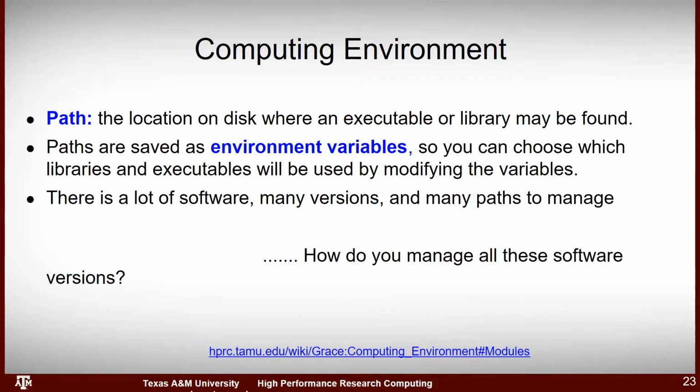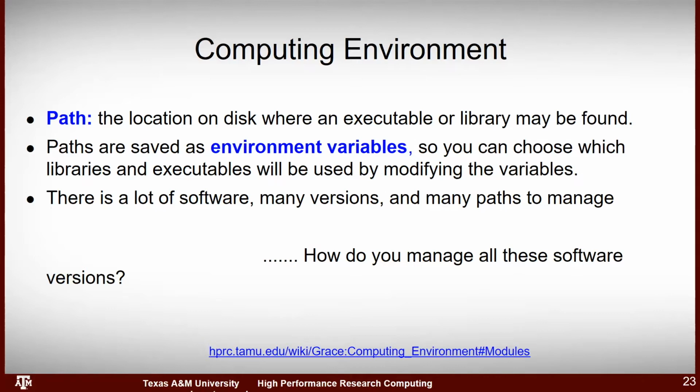But we can't put everything in the default location because we may have a lot of different software that doesn't interface with each other. So you have to know which one you're using. And if we put them all in the same directory, you won't know which one you're using. So we have to be able to change the path variable to reflect the actual location on disk where the version of the software you want to be using is located, and not simply some default location.